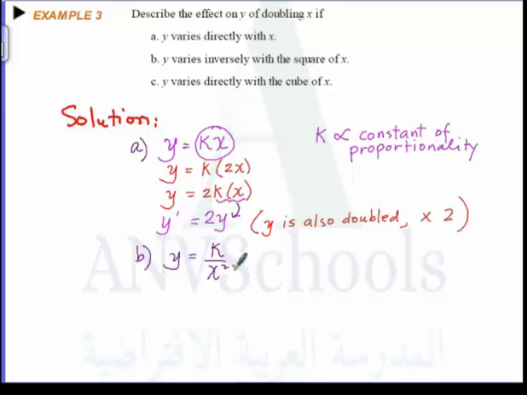So if we double our x here, then we will have y prime equal to k over (2x) squared, giving us k over 4x squared. Our original is k over x squared, so we have 1/4 of the original y. So it is multiplied by 1/4.